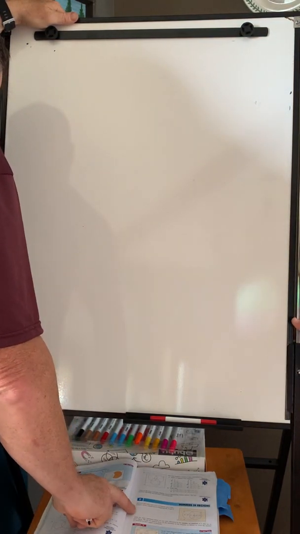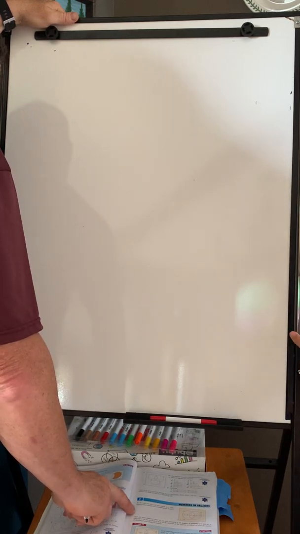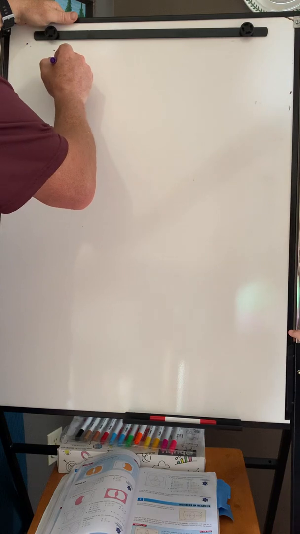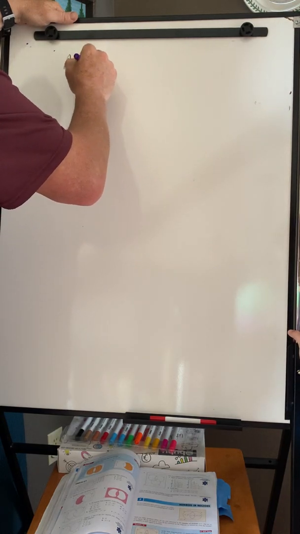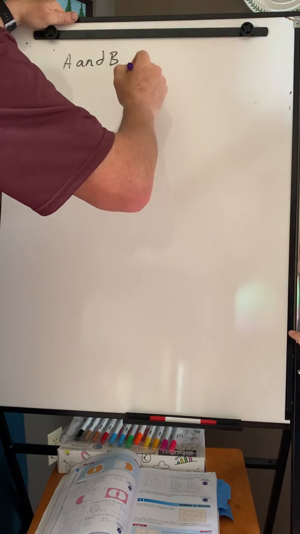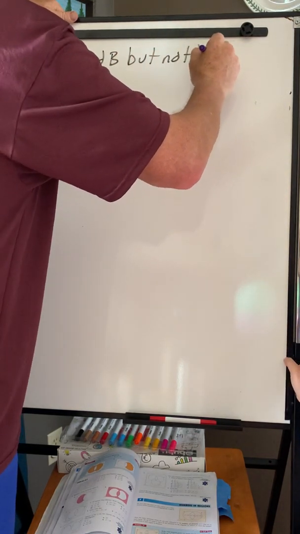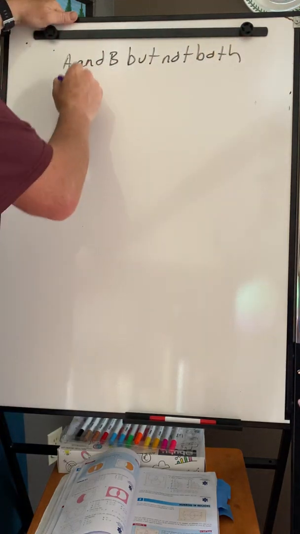Now we're going to talk about Venn diagrams, and we shade the region representing certain things. Now, it says A and B, but not both. So what they want us to do is draw a Venn.